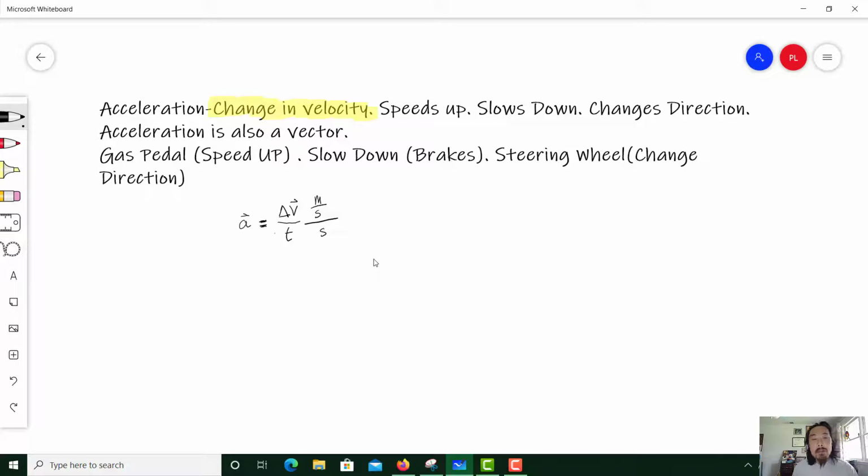Now, the more common way that you can see the units for acceleration is meters per second squared, because we have 2 seconds there and they multiply together. Now, this is the go-to way of describing an object's acceleration, the units.